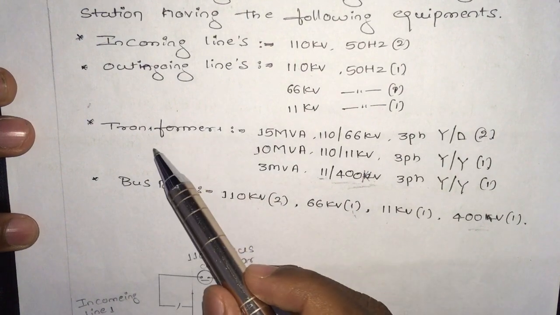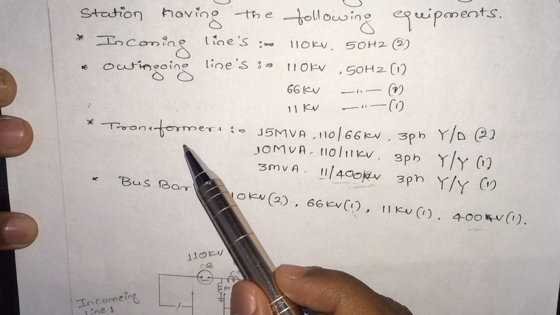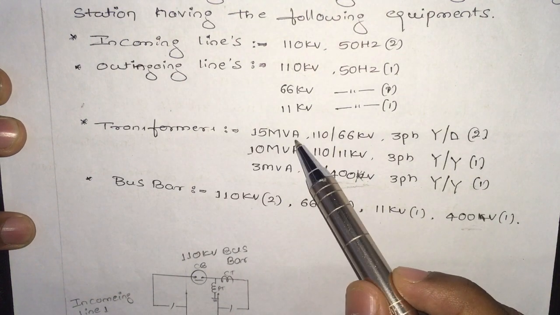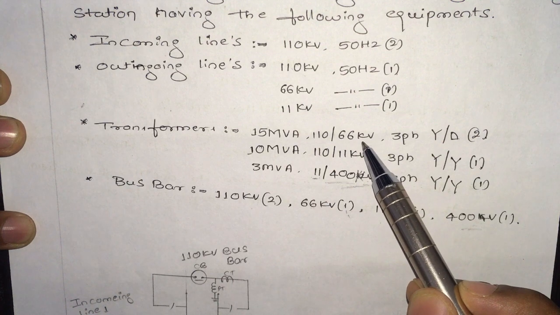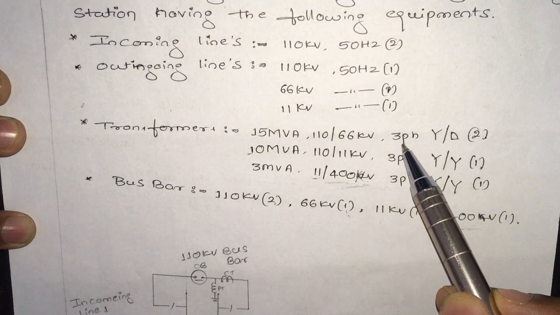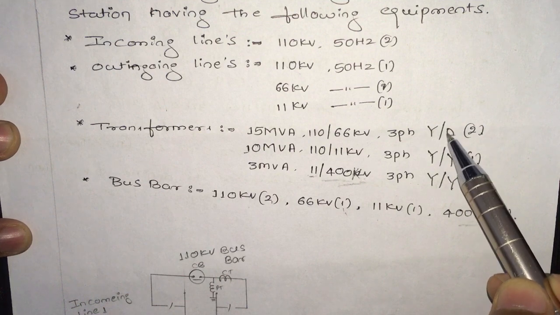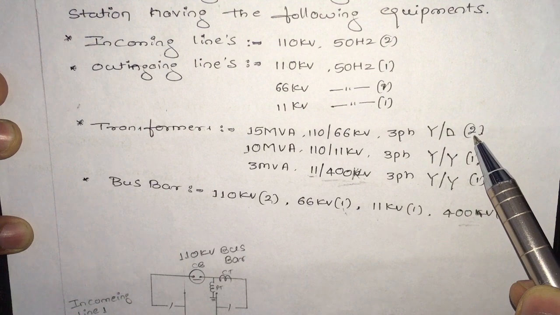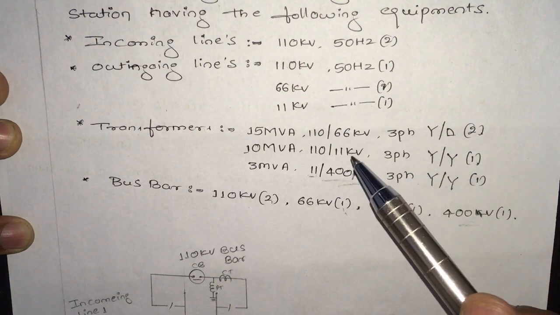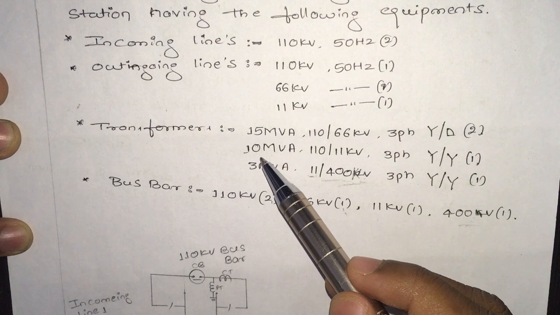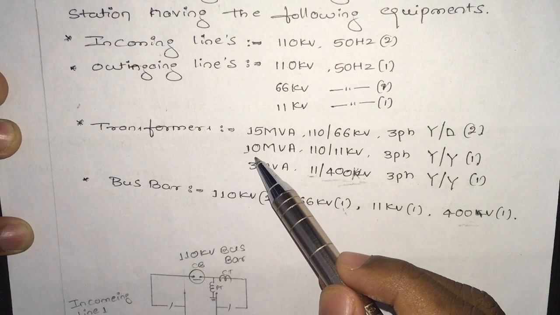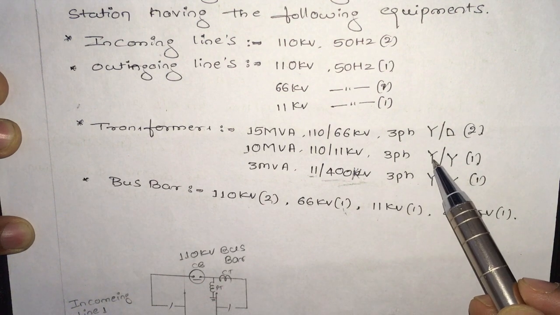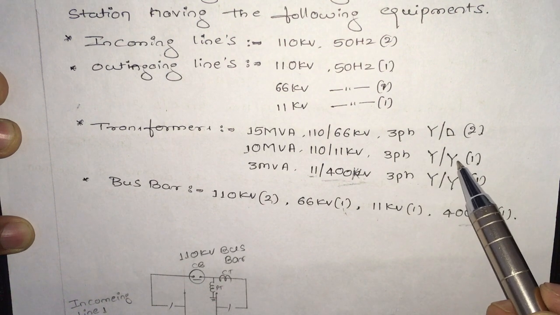And we are having transformers. One is 15 MVA, 110 by 66 kV, a three-phase transformer, star delta, primary is star and secondary is delta. Quantity is 2, we are having two transformers. After that, one more transformer, 10 MVA, 110 by 11 kV, three phase, star by star, primary star, secondary star.